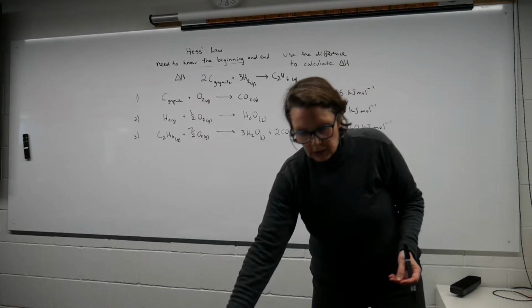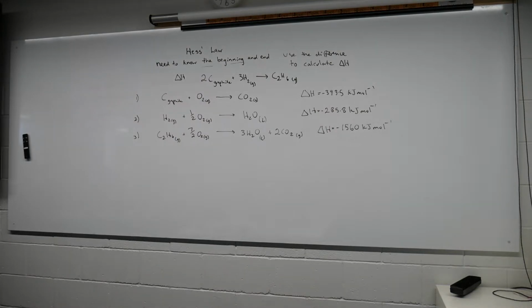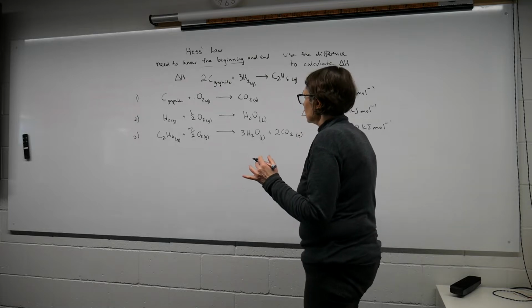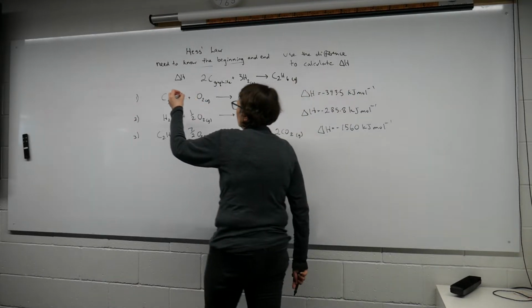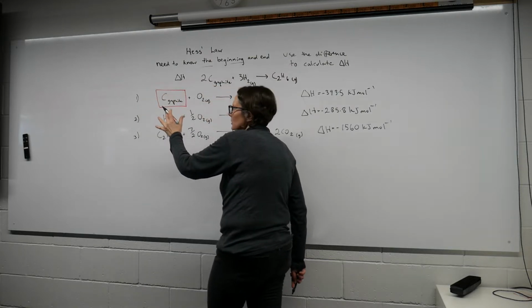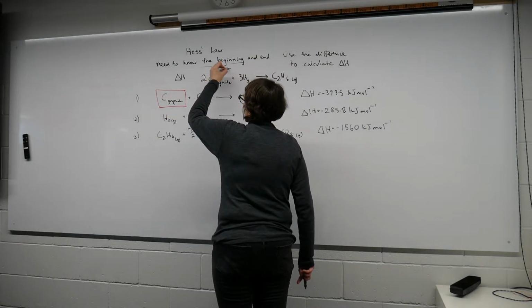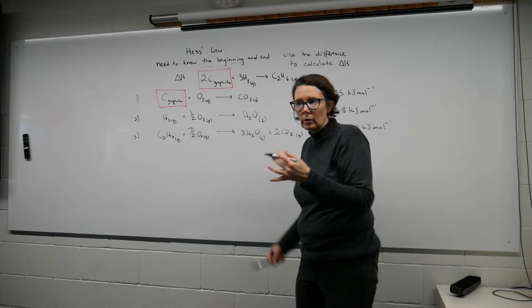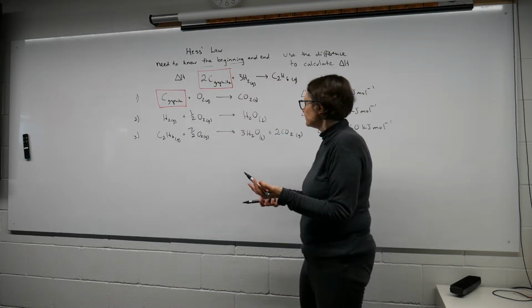Now the first thing I like to do is identify my reactants. So here I can see that graphite in my first equation matches up with a reactant in the equation that I'm trying to formulate.